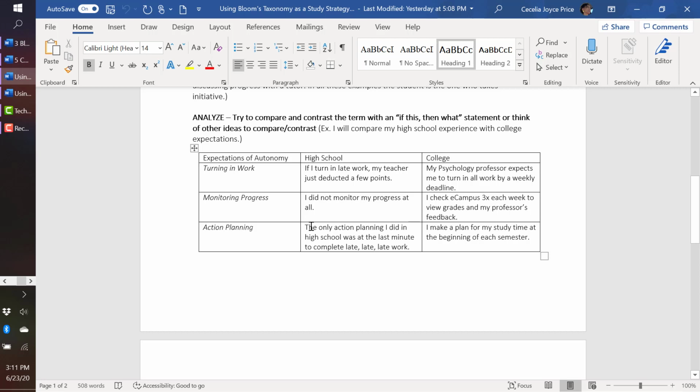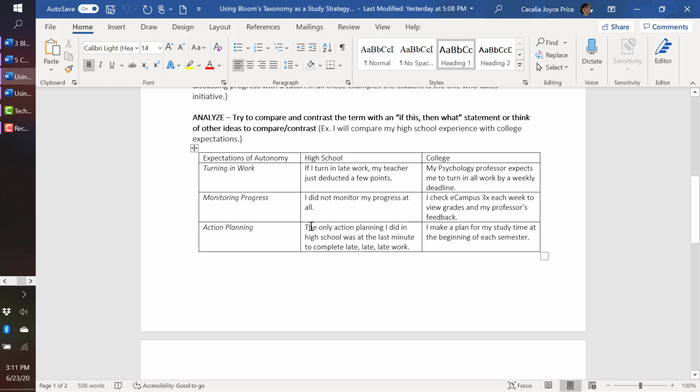This person decided to look at the concept of autonomous learning. What does it look like as a high school student, and what does it look like as a college student? And they took the topic of turning in work, monitoring progress, action planning. So if I'm turning in work as a high school student, that autonomous learning may look like, well, if I turn in late work, my teacher just deducts a few points.